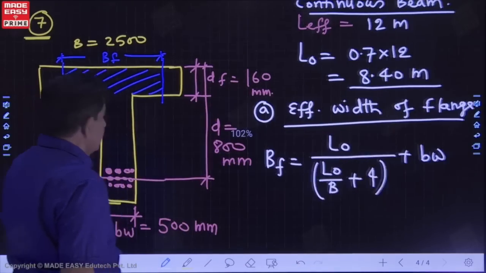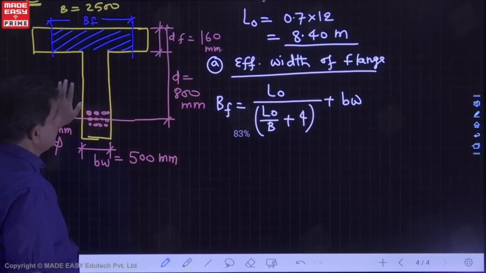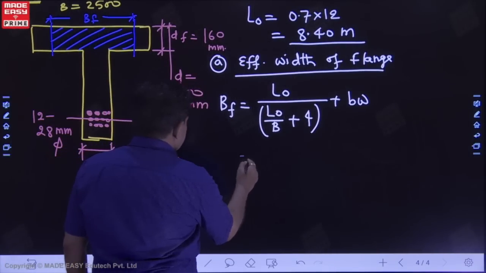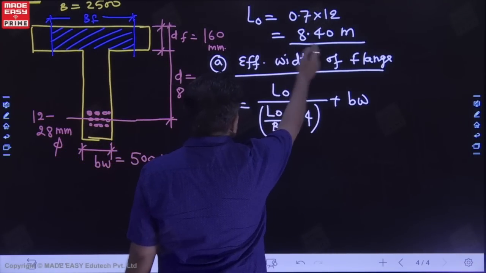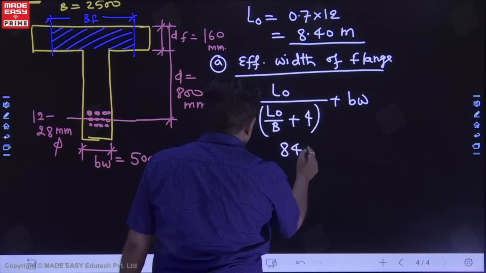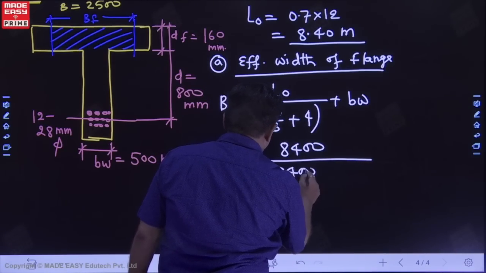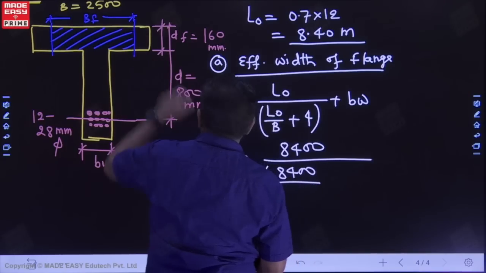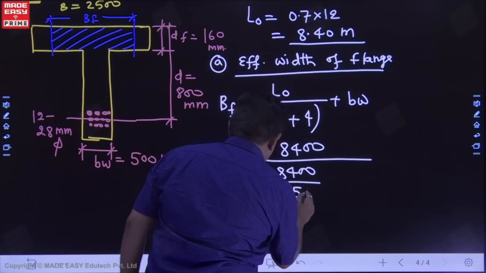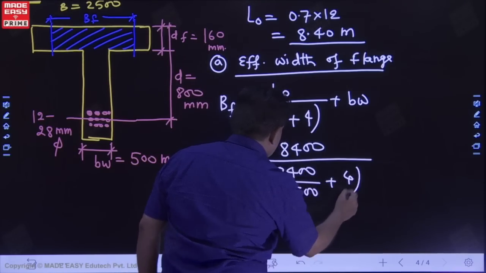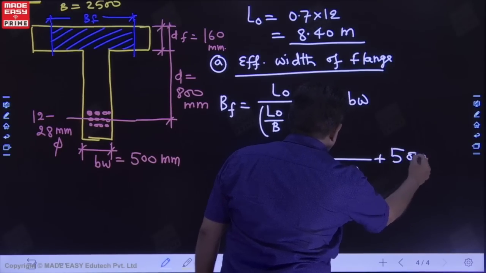Let's calculate its value here itself. So L0 is 8400 divided by capital B, which is 2500, plus 4 plus 500 mm.